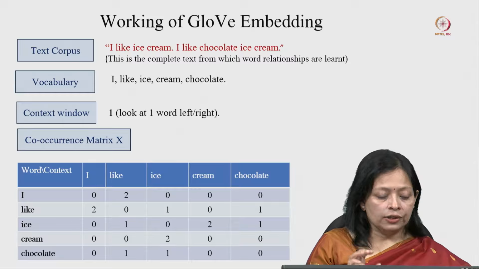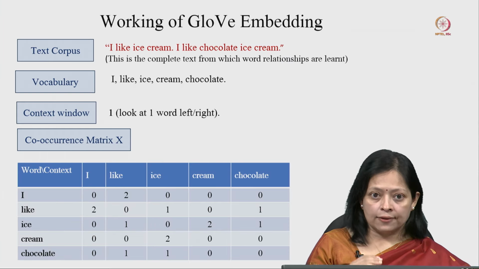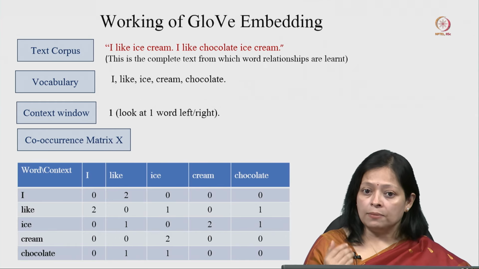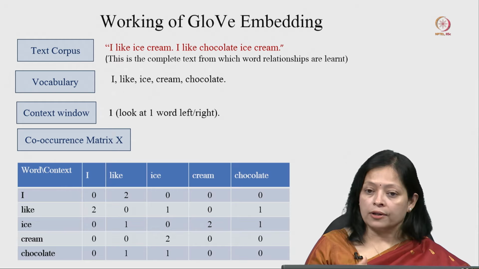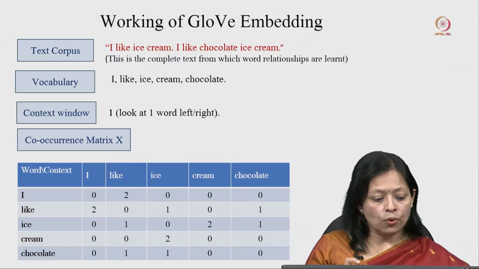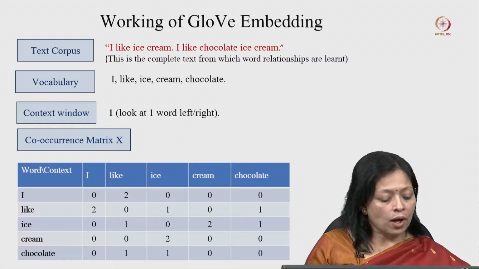Now, we will calculate the co-occurrence matrix X. As I was saying, the semantic or meaning relationship is captured based on the co-occurrence of the words. So, for that we calculate something called the co-occurrence matrix in GloVe.